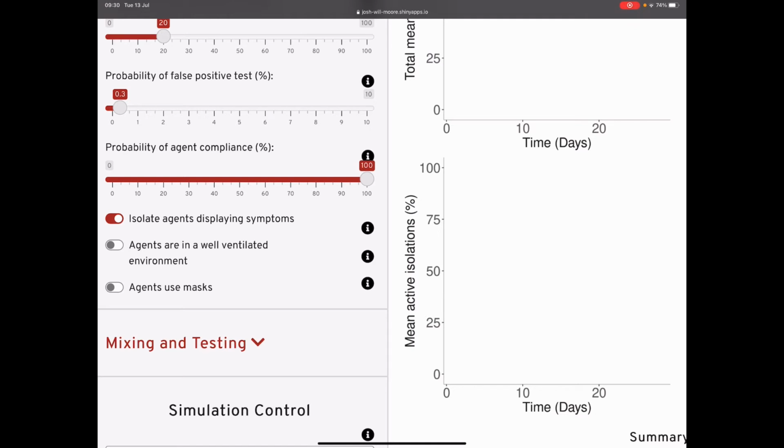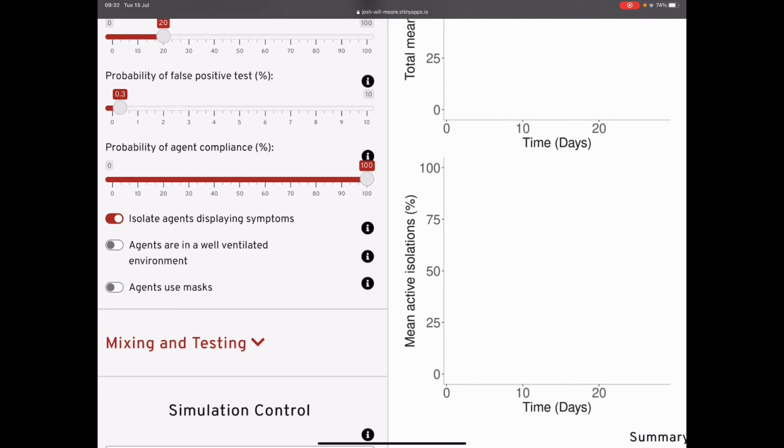If someone gets a positive test, but they really can't take a day off school or work for whatever reason, they may choose to ignore their test result and come to whatever place of work or education that they choose. So we definitely do not recommend you do this, but it's nice to understand what is the effect of this compliance parameter on the simulations.